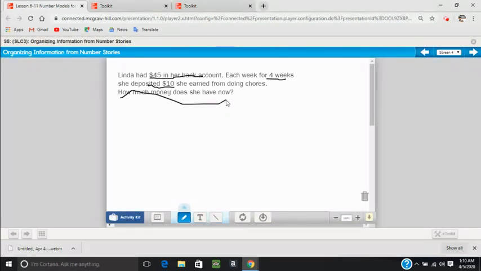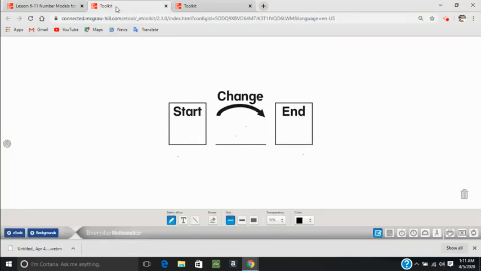Now, is this a part-total, or is this a start, change, end? For this one, I'm going to choose to do the start, change, end. We started off with $45.